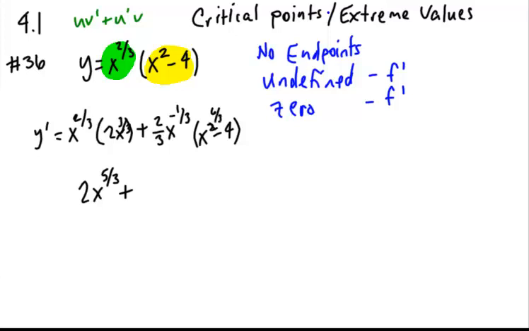And so I would have 2/3 times x to the 5/3, negative 1 plus 6, so that'd be 5/3 power, minus 8/3 x to the negative 1/3. So that's really a nasty looking guy.